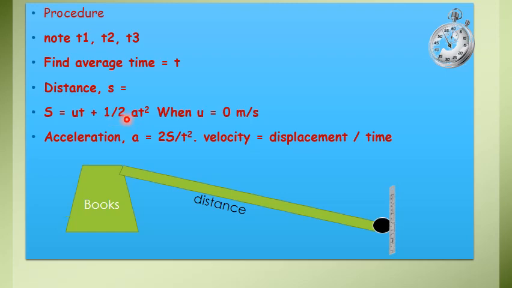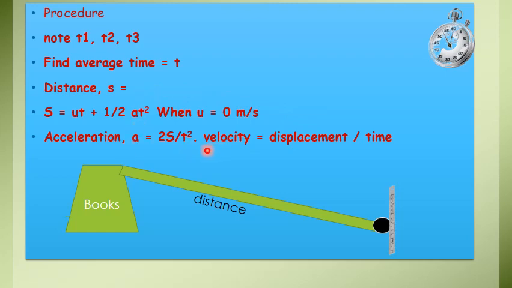So from this equation only you are getting it, isn't it? ut is 0, and make a the subject, so the 2 goes to the numerator side, giving 2s by t square. If you know the distance and time, distance is calculated from this length and time with the help of the clock. So note down the readings and you can easily calculate the acceleration.